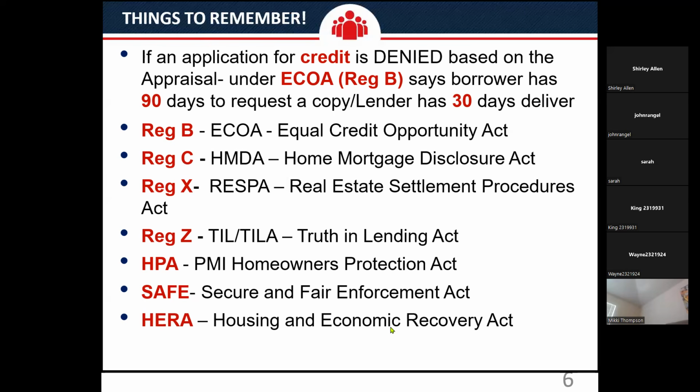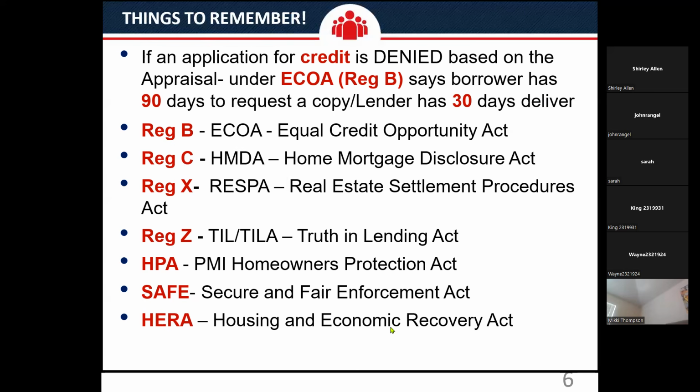Under ECOA, the consumer has the right to receive a copy of the appraisal within 3 business days. Make yourself a note of that because that shows up on the test. A lot of students say, well, I didn't know ECOA had anything to do with the appraisal. Well, it does. If the application gets approved, then the consumer has the right to get a copy of that appraisal within 3 business days.